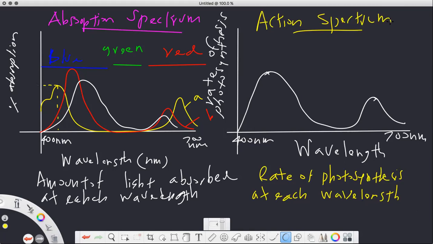Absorption spectrum and action spectrum. Absorption spectrum is the amount of light absorbed at each wavelength. Action spectrum is the rate of photosynthesis at each wavelength. And they look a little bit similar. The reason is that if more light is absorbed, the rate is higher. Right, you can copy this down to the page under absorption spectrum and action spectrum.